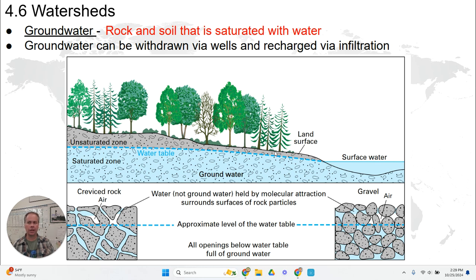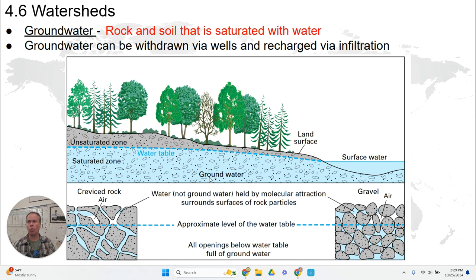Then there's this line here, which is called the water table. This is the boundary. Below the water table, the ground or the rock is saturated with water, and above the water table, it's not. This groundwater is extremely important, especially to humans, because it is what we use for clean drinking water.